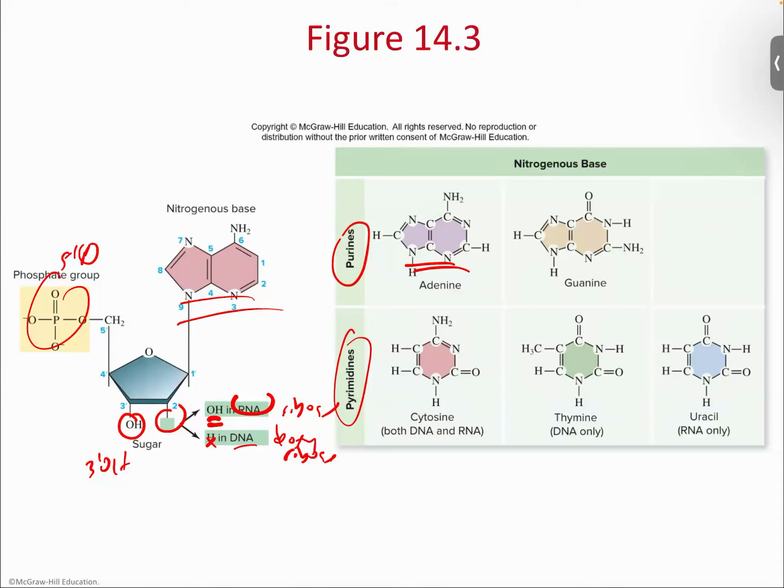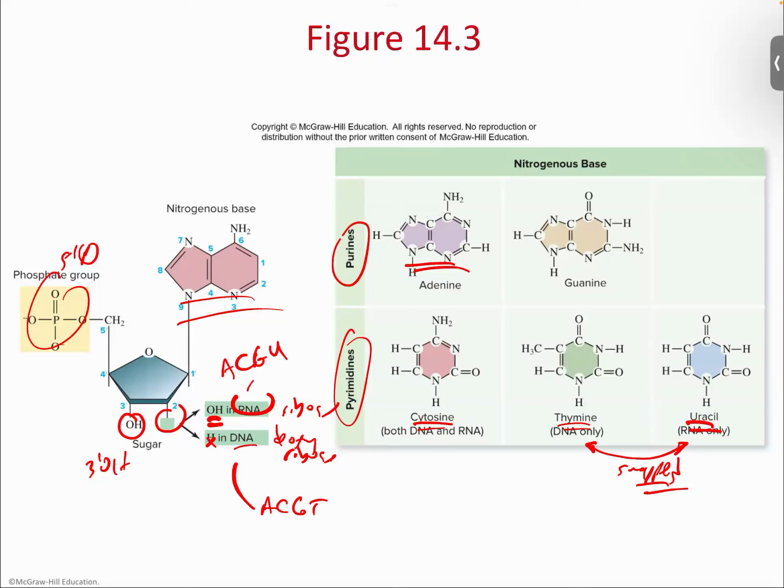Your purines are adenine and guanine. Then you have your pyrimidines, which are single ring structures: cytosine, thymine, and uracil. Notice that thymine and uracil get swapped out in RNA. So in DNA your bases are ACGT, and in RNA they're ACGU.